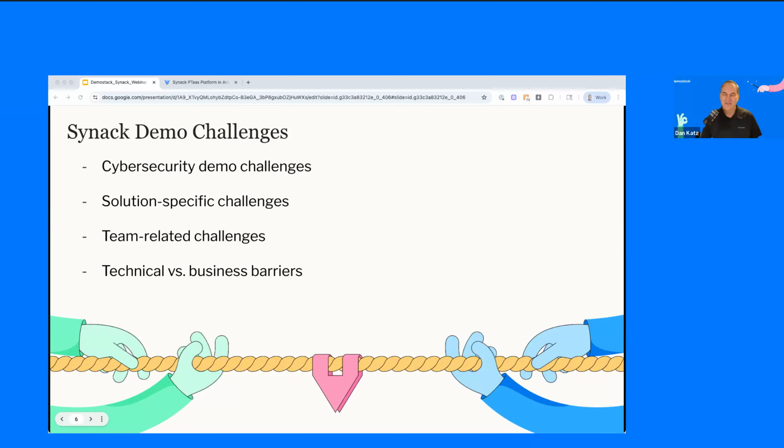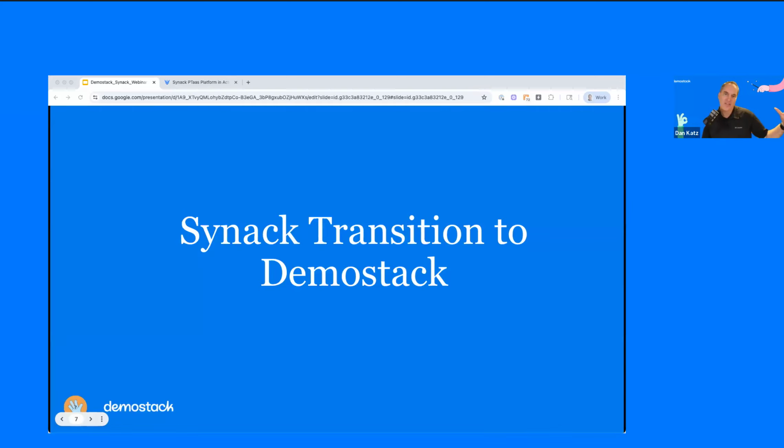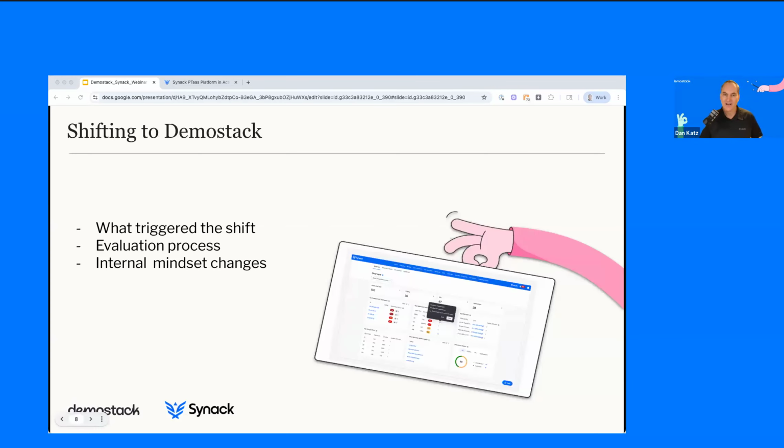So there had to have been a straw that broke the camel's back that really helped you decide you needed to make a change. There certainly was. The trigger was an accumulation of everything I already mentioned, but the pivot point for us was conferences. Imagine being at a major event like Black Hat or RSA, with a huge booth and hundreds of prospects walking by. We were constantly living in fear of the demo gods at those events.